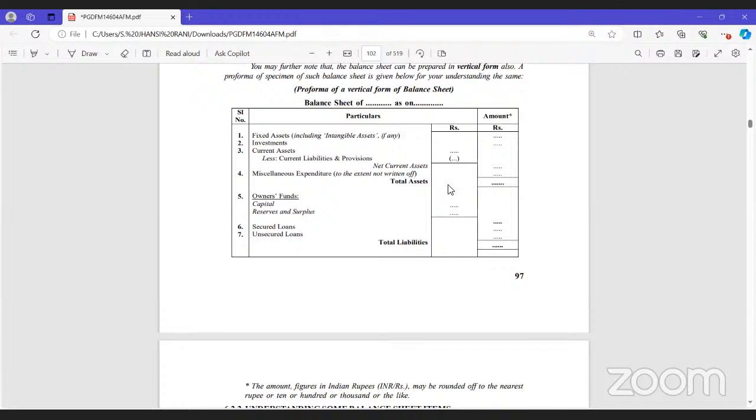Then we get net current assets, our total assets. Then comes the owner's fund. Under owner's fund, we have capital and reserves and surplus, secured loans and unsecured loans, and total liabilities.